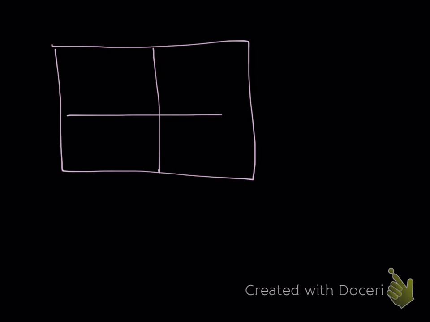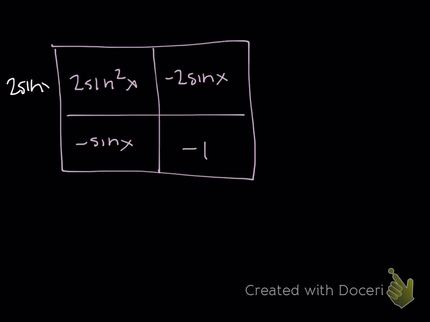So for my boxers, you're going to put a 2 sine squared. I put the negative 1 here, and then I have a negative 2 sine of x and a negative sine of x. And now I have to find the outside. Going from the top row, they have a 2 sine of x in common. Going up and down, they have a sine of x in common.